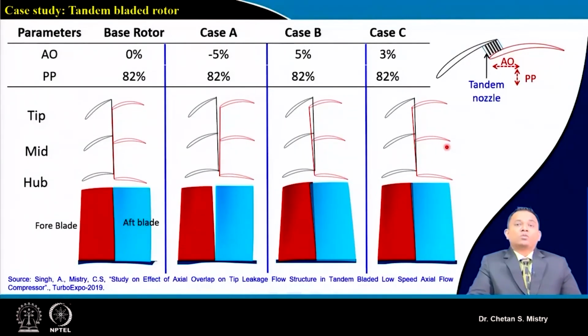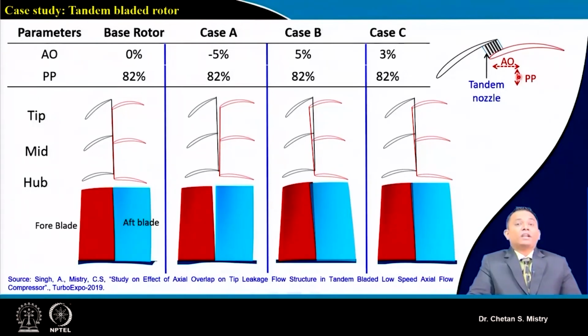So there are two main configurations we need to realize. One is my axial overlap. So we can say this is representing the axial overlap, and this is representing the percentage pitch. Limited work has been reported on the design of tandem bladed rotors, because that is very challenging.